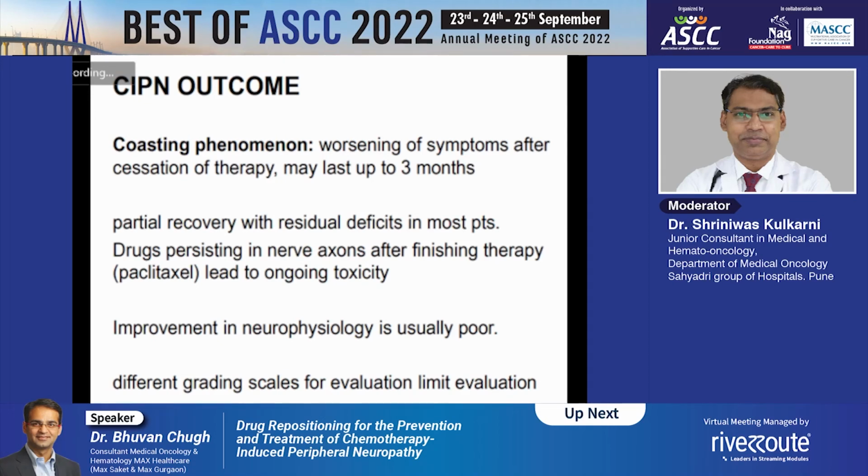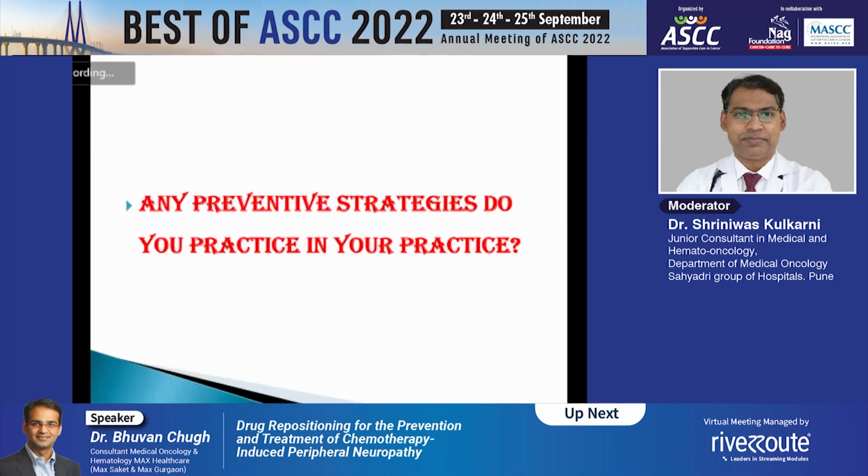There could be drugs persisting in the nerve roots after finishing the therapy, causing ongoing toxicity, especially with taxanes, paclitaxel. Improvement in neurophysiology is usually poor in such patients. Clinical improvement might be there, but in neurophysiological studies, improvement may not be that significant. Different grading scales for evaluation limit evaluation. So basically, CIPN has different outcomes.